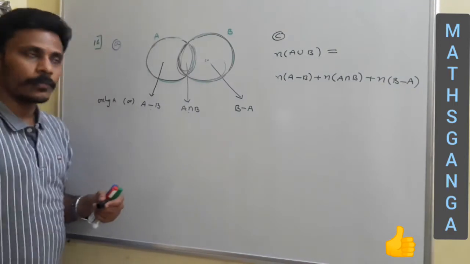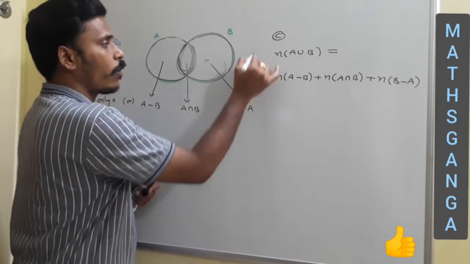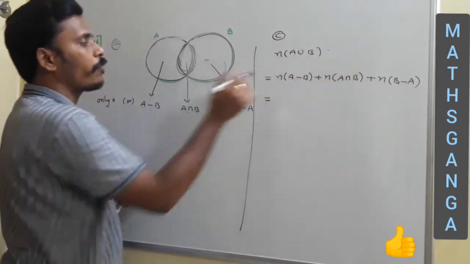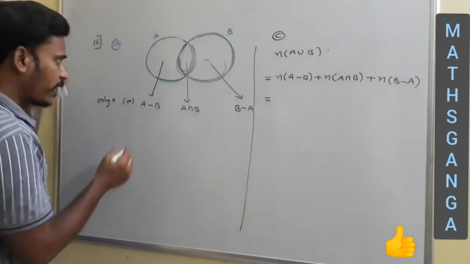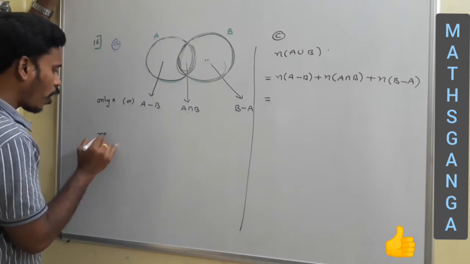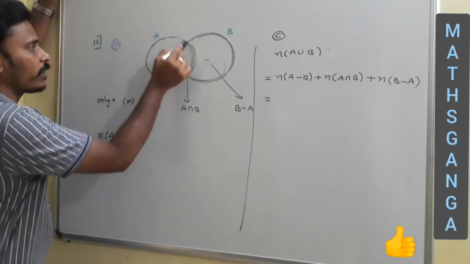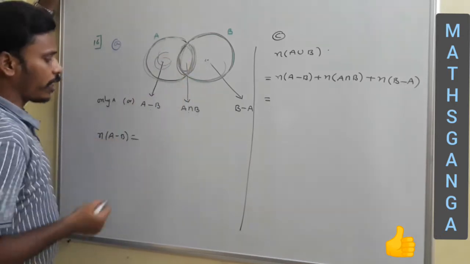Okay. And in the next step, this is equal to, what do you say about n of A minus B? See, just as I mentioned to you, n of A minus B is just nothing but, only this part, which is this total circle minus the intersection, right?